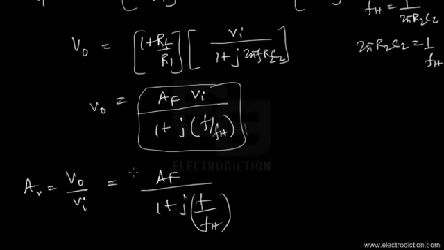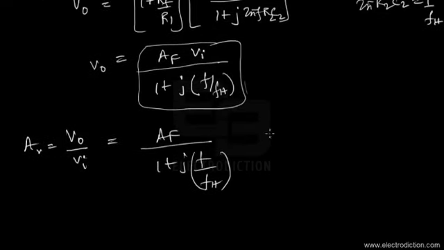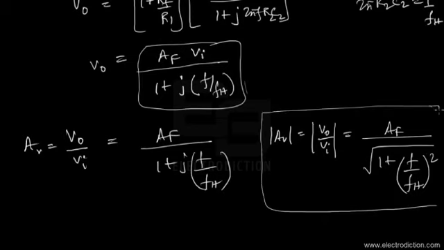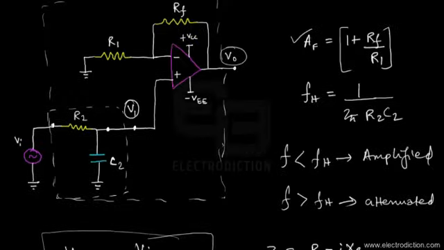Since it's a complex quantity, if we take the modulus, mod AV is equal to the modulus of VO by VI, which is AF divided by the root of 1 plus f by fH whole squared. This is the expression of the overall gain of this active low-pass filter circuit.